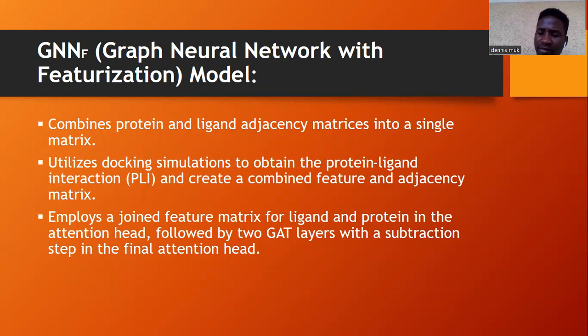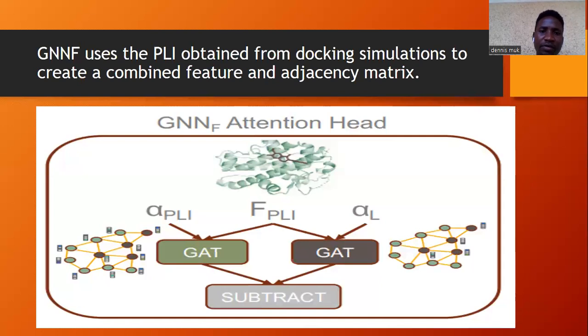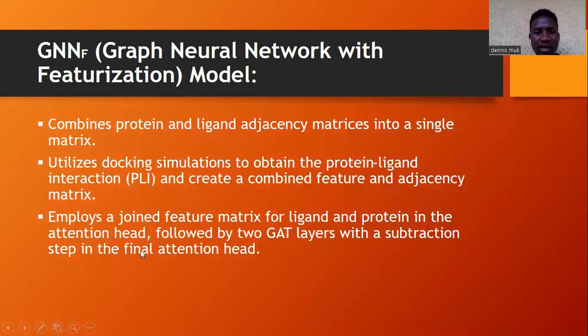So I'm going to look at it in the illustration here, where they say the GNNF uses the PLI obtained from the docking simulations to create a combined feature, which is this adjacency matrix, with subtraction, as we talked here.